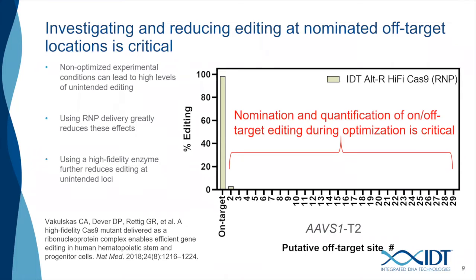So the nomination of which sites to look at through your various methodologies, and then actually quantifying those with an amplicon-based sequencing technology, for example, is really important. This highlights the different strategies for editing, and then going back and verifying the level of risk that you have from that guide RNA site.